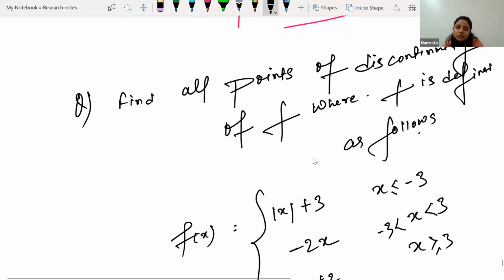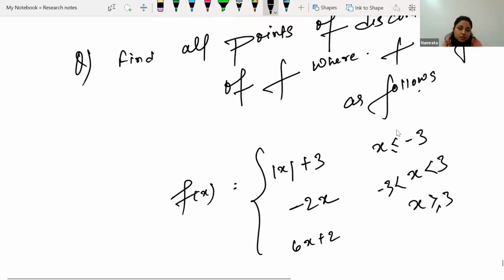We have to check where the function is discontinuous and where the function is continuous.